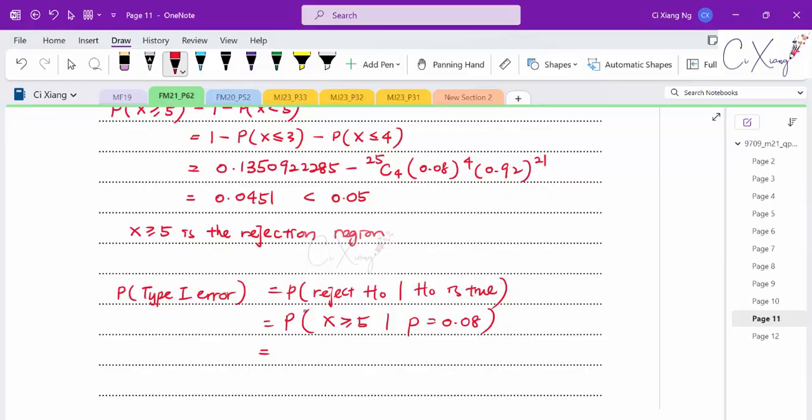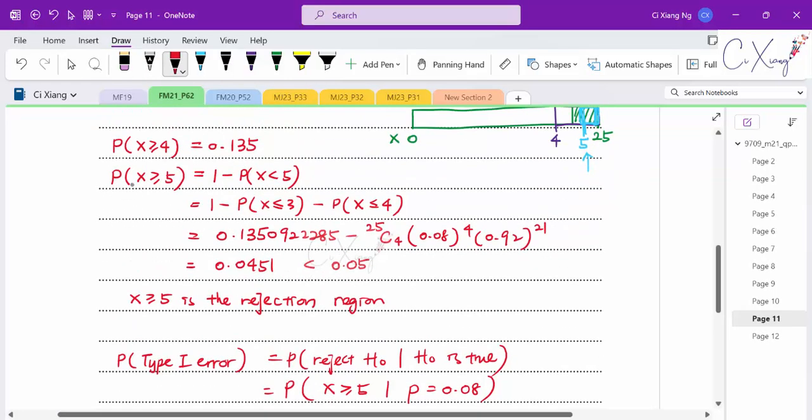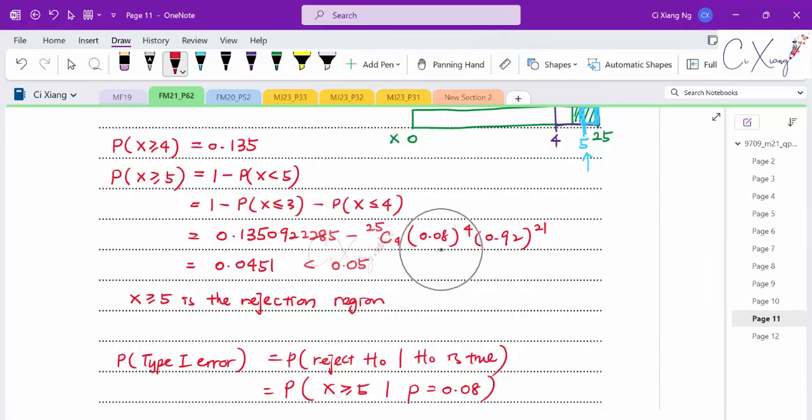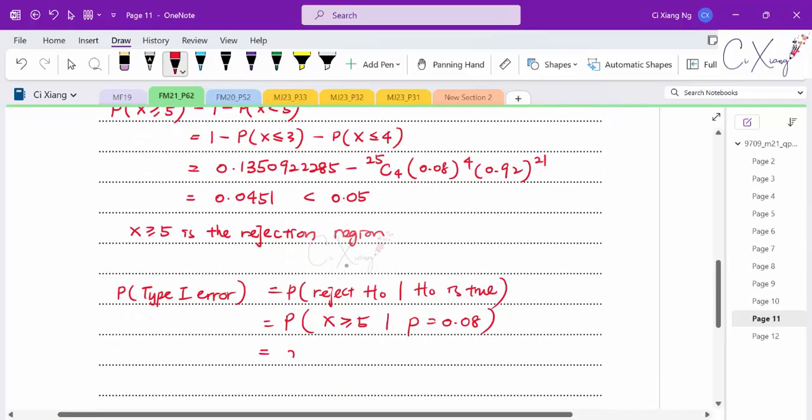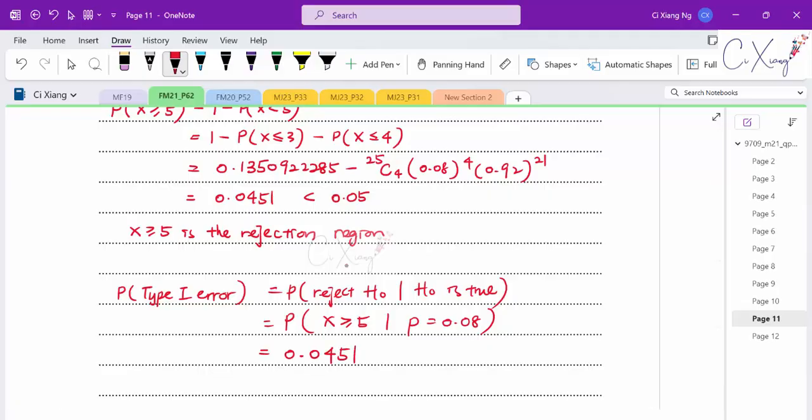Calculating the probability for x greater equals to 5 is exactly the same as what I calculated here, because for this calculation we are still using p equals to 0.08. Therefore, you can just write out the answer for the type 1 error, which equals x greater equals to 5, and the answer is 0.0451. This is the answer that we got just now, so actually this value is already the type 1 error that we calculated.